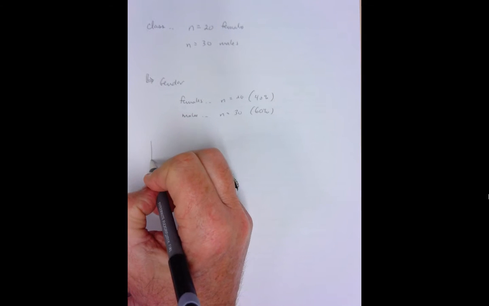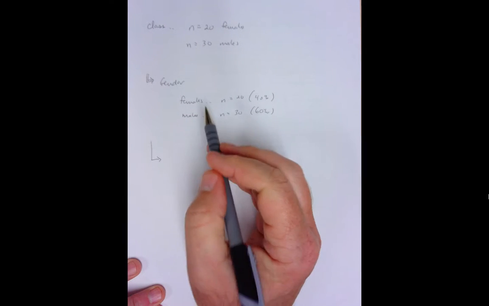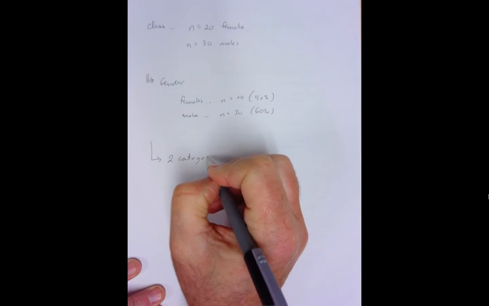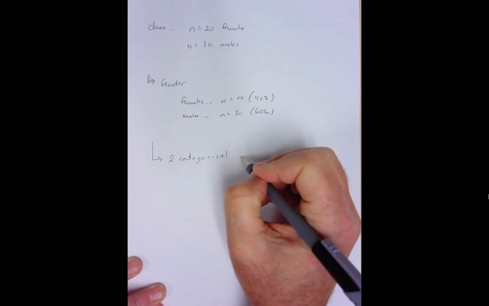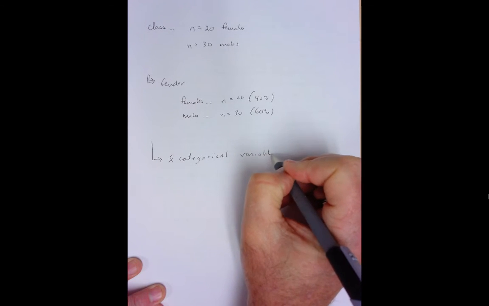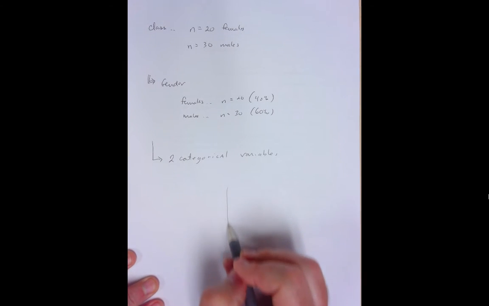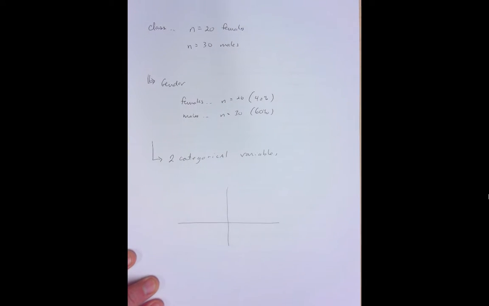It does not. Now, sometimes we not only have one categorical variable, but we have two categorical variables, and we want to explore the relationship between the two. Well, as I showed you in the previous video, what we do sometimes is use a contingency table or a 2x2 table to represent that.